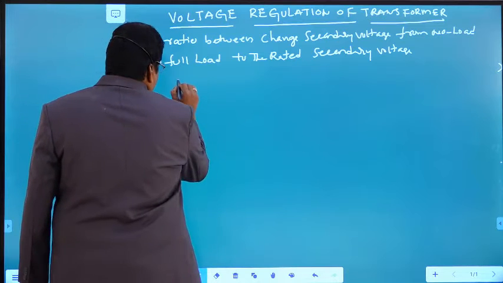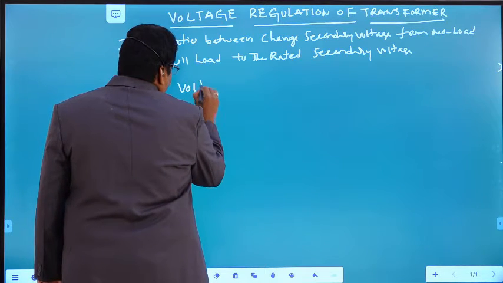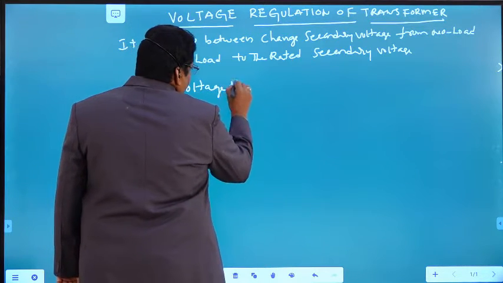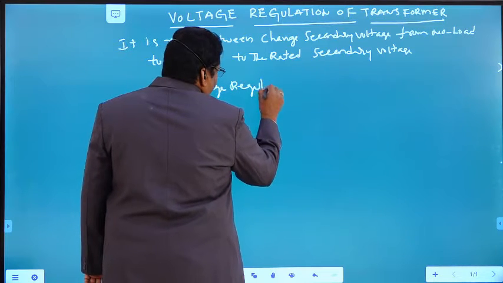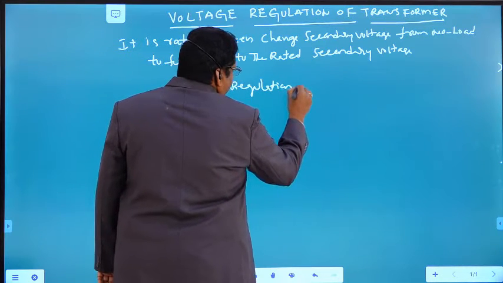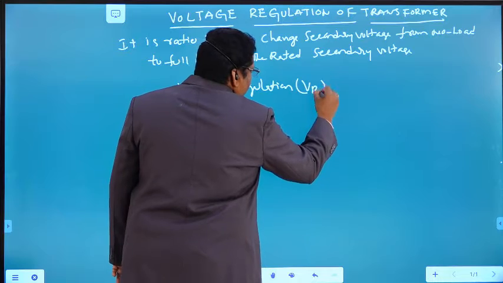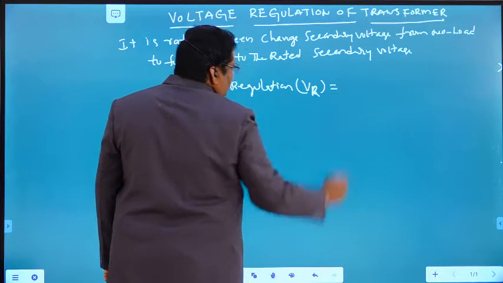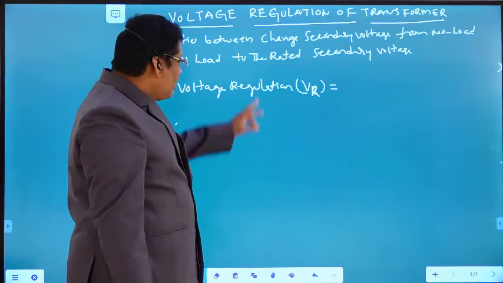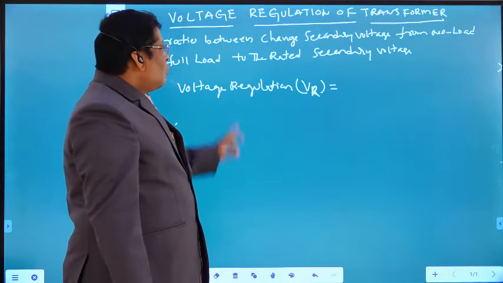Generally the voltage regulation of a transformer is represented as VR.